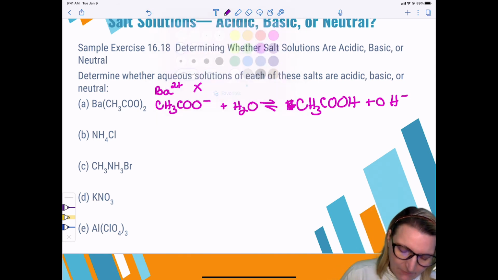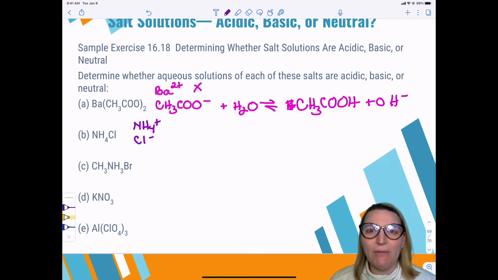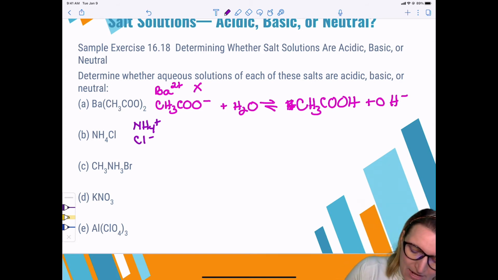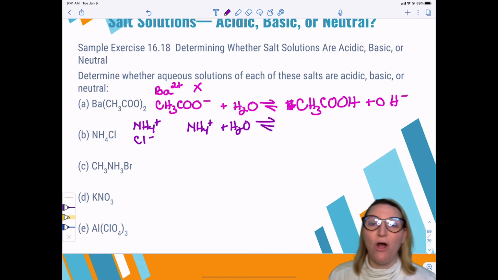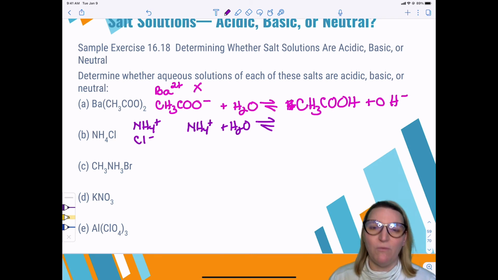The next example here, ammonium chloride. So break it up into its 2 ions, right? Could NH4+ react with water? And you say, yeah, actually, it could react with water. We kind of know, it's the conjugate acid of the most common weak base, ammonia.